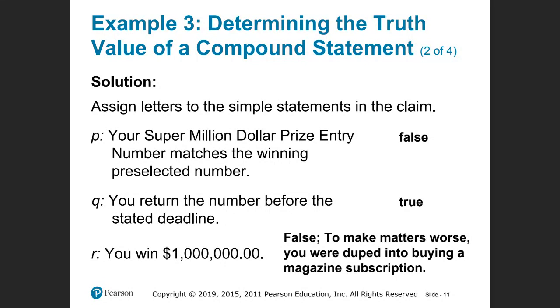You did, that's true. R, you win $1 million. This would be false. So to make matters worse, you were duped into buying a magazine subscription.